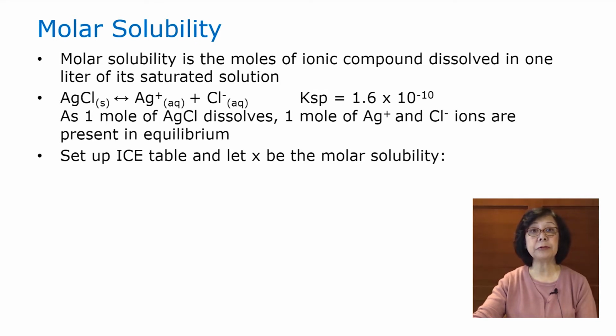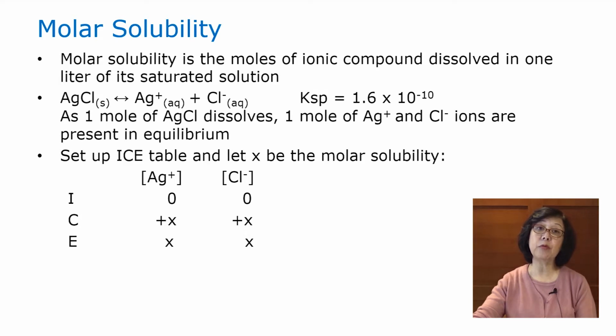So the best way to do this is to set up a nice table and let X be the molar solubility of silver chloride. That means initially we have no concentration of silver and chloride ions, but the change of each will be X because it's a 1-to-1 mole ratio. So at equilibrium, we have the concentration of silver and chloride ions both being X mole per liter.